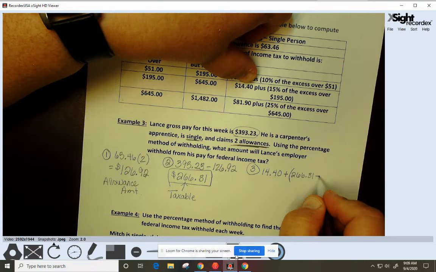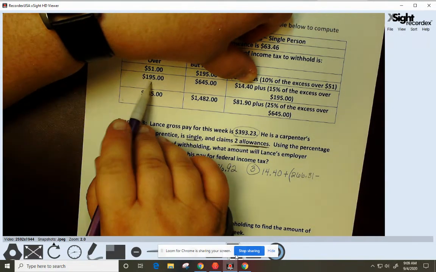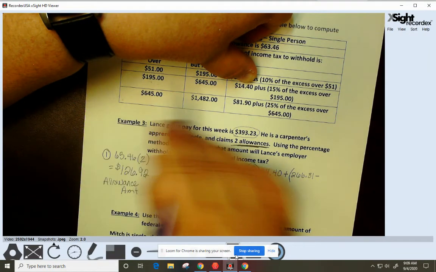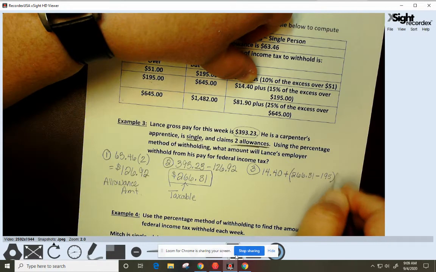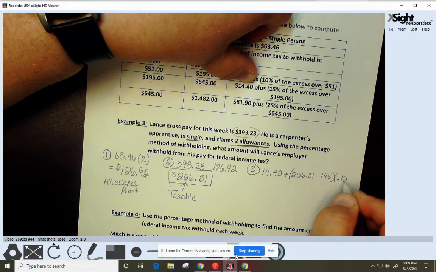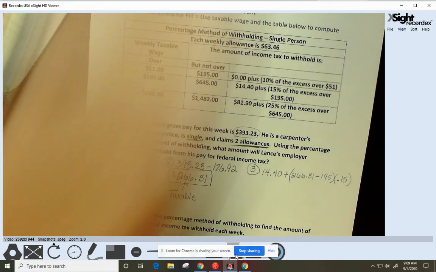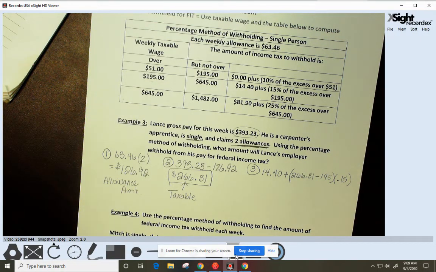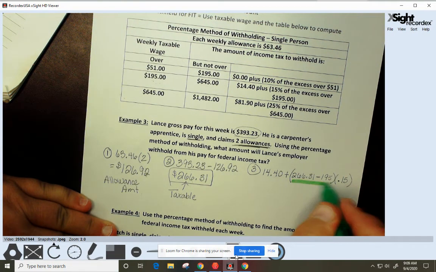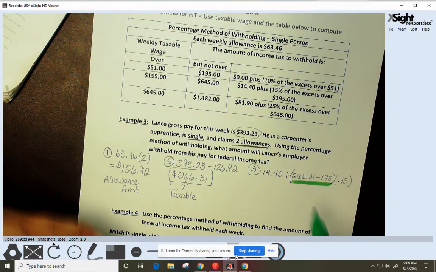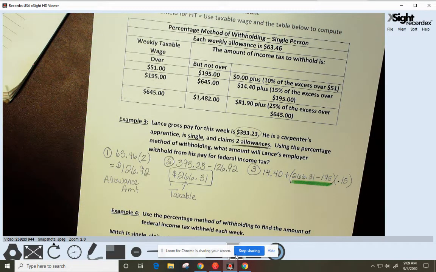We're going to subtract this lowest amount in my table in the row that I'm in. So minus 195, and then we're going to multiply that by 15%. Now, guys, remember, make sure you are doing your subtraction first. If you can't type it in the way that I've got it written right there, then make sure you're doing your subtraction first and then do your multiplying.